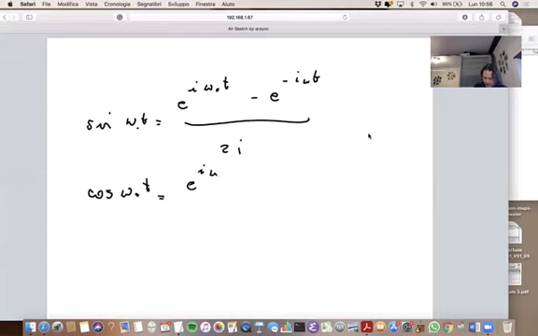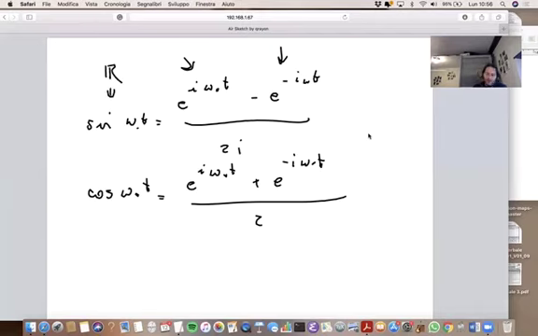Is plus, with a 2 downstairs. Now, this means that although these two functions independently cannot work as physical solutions because they are complex valued, if instead of them I use a specific linear combination of these functions, just sine and cosine, then I'm all set because these are real valued.